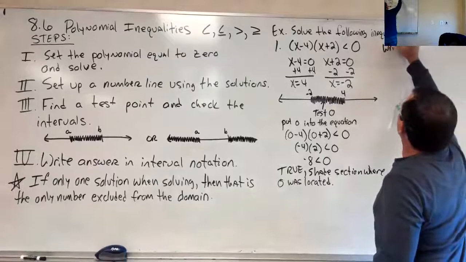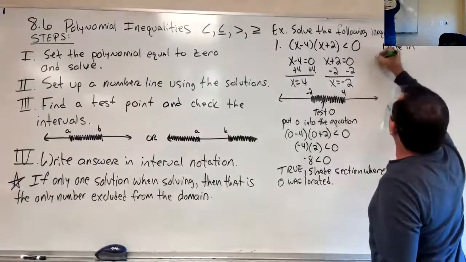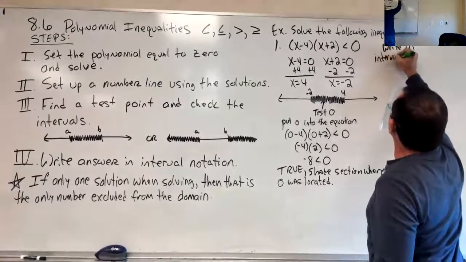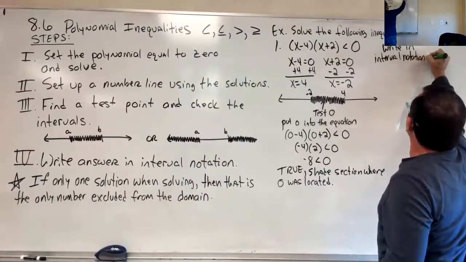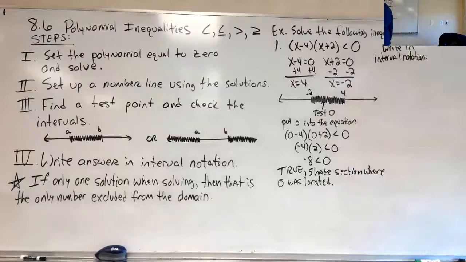So now let me go to the end where I'm going to write it in interval notation. So question number one, do I want to use curvy parentheses or would I use brackets?